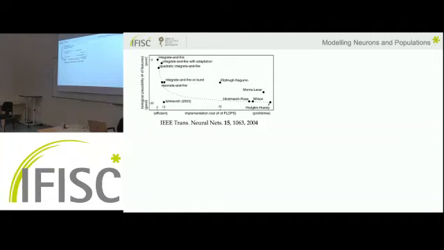It is not biologically reasonable because it only describes the dynamics below threshold, so you cannot describe the evolution of the spike with that model. So it is not very biological. But on the other side, computationally it's very efficient because it's a very simple model. Then you have the Hodgkin and Huxley model, which is very biological, but computationally is very hard.